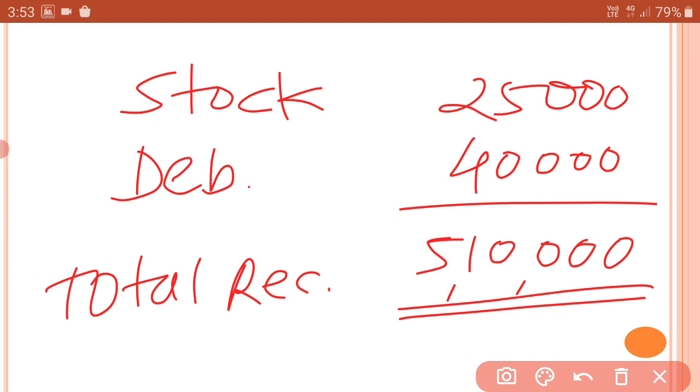It's an important working note, because when you find total receipts and then total liability, you get the capital deficiency. Method number 2 and method number 3 require the capital deficiency compulsorily. So total receipts is 5,10,000.